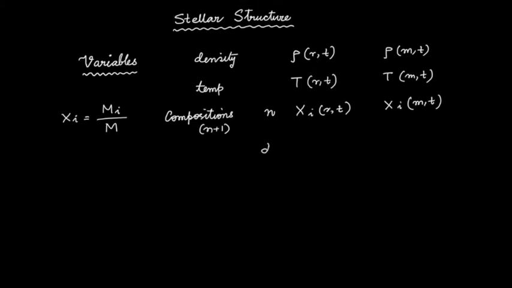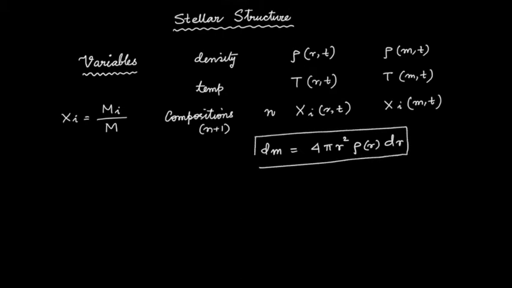Remember that we have assumed spherical symmetry, and dm is 4 pi r squared rho as a function of r dr. This is an identity which we'll be using often. And we have this radius and time, radius or mass and time dependence. So I call them spatial derivatives.